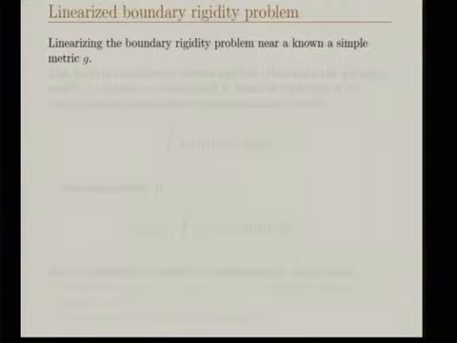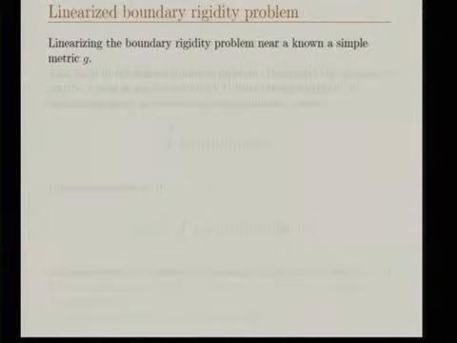So let's linearize the problem. I'm not going to work out this derivation; it can be done, and it has been done several times. So if you linearize the boundary rigidity problem near a known simple metric. Professor Kim Knudsen did this for the case of the classical Calderon problem, right?